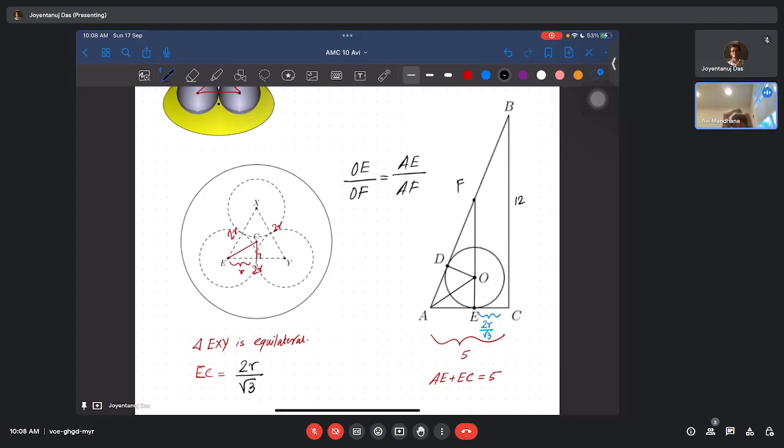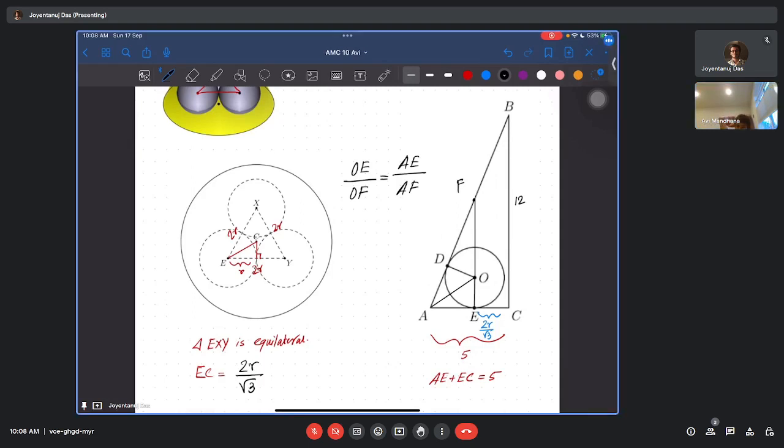So you can say 12 over 2r over square root of 3 is equal to EF divided by AE.